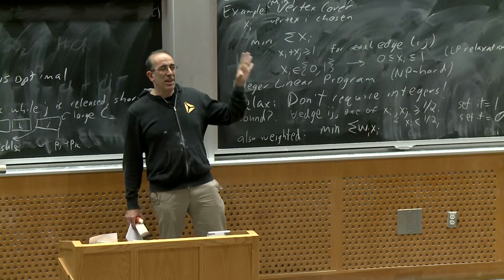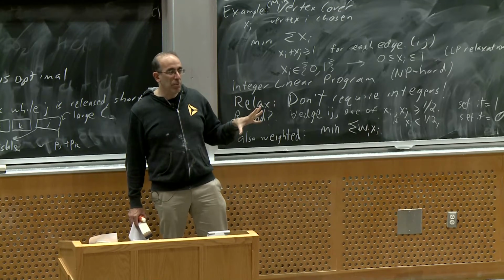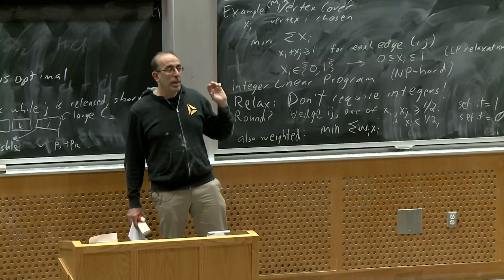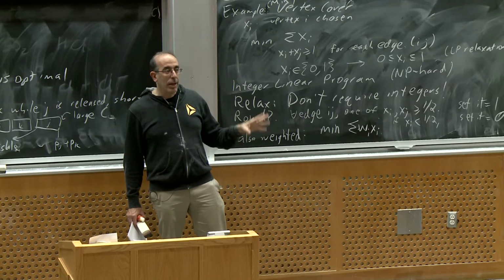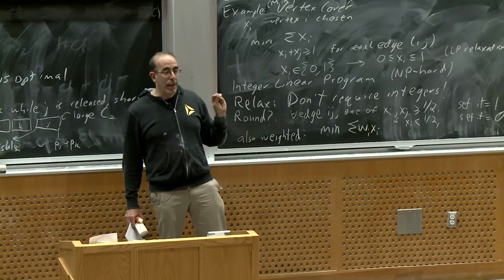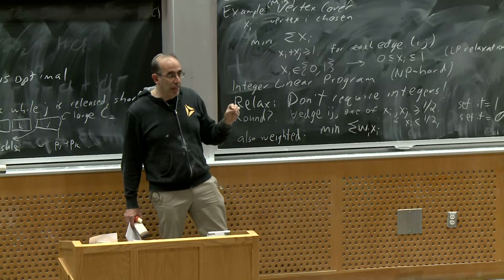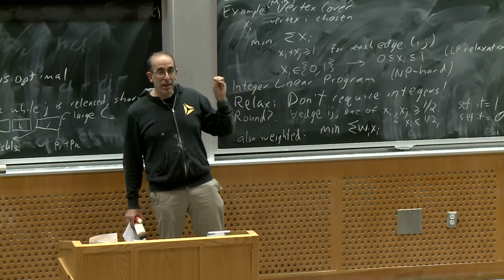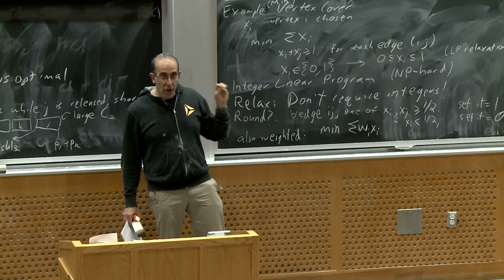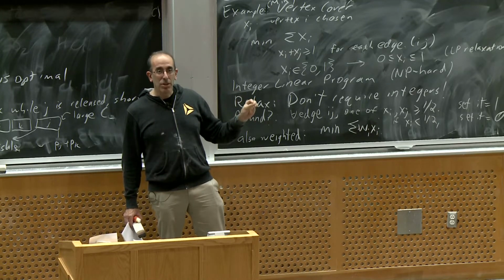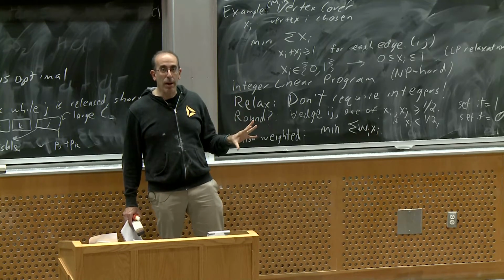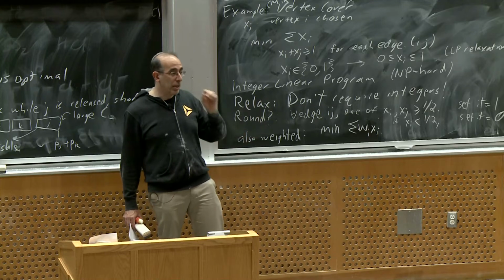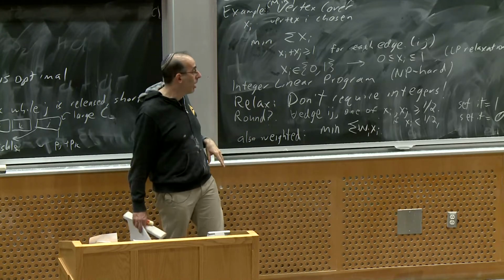Because the linear program that removes the integrality constraints is a relaxation. So if you're able to get an integer solution that optimizes the relaxation, that is also an optimum solution to the original integer linear program. And so it is a true optimum of the original problem.